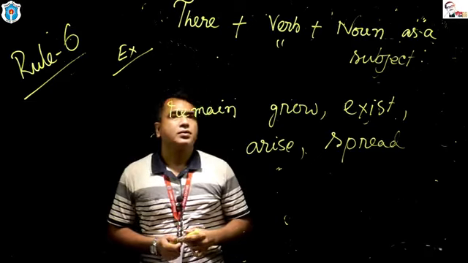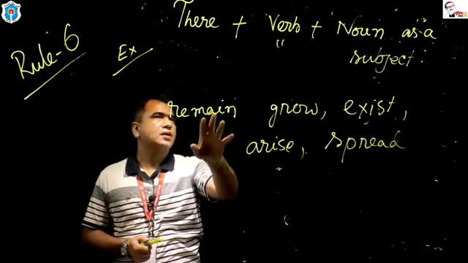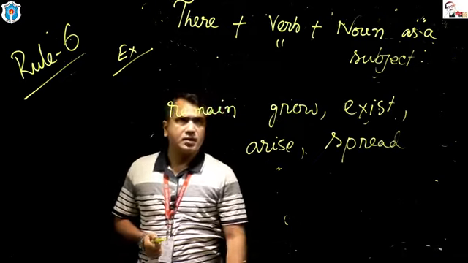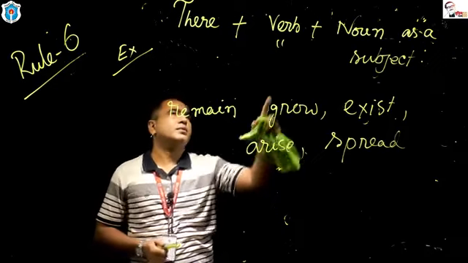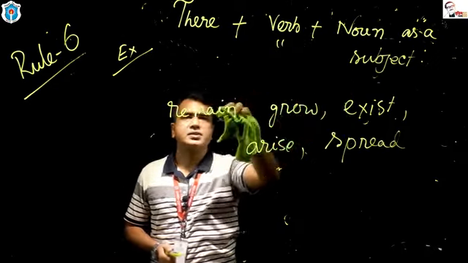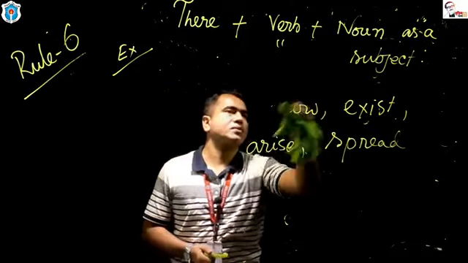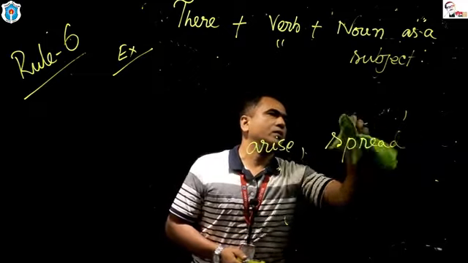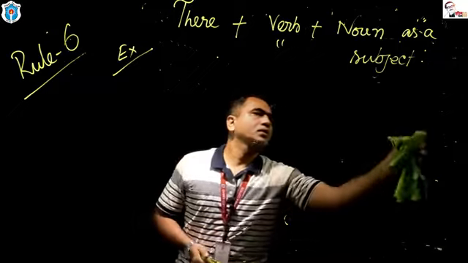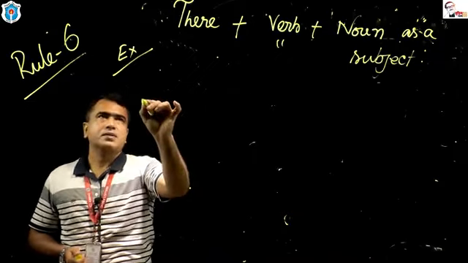When we use these verbs, that means come, go, live, grow, exist, arise, spread, remain, then we should follow this structure: there plus verb, noun as a subject. If the noun is singular, our verb will be singular. It can also be written in past tense. Okay, I am giving some examples.